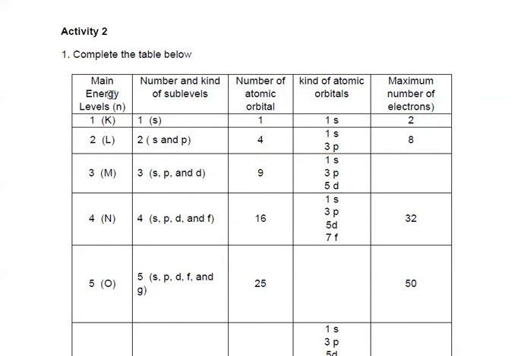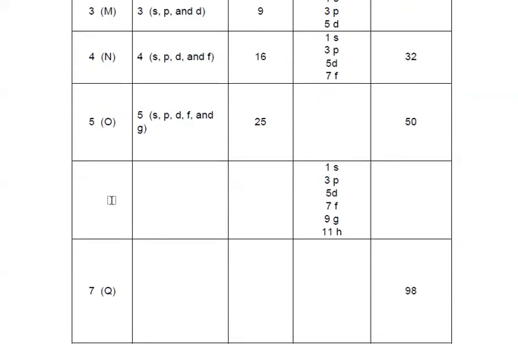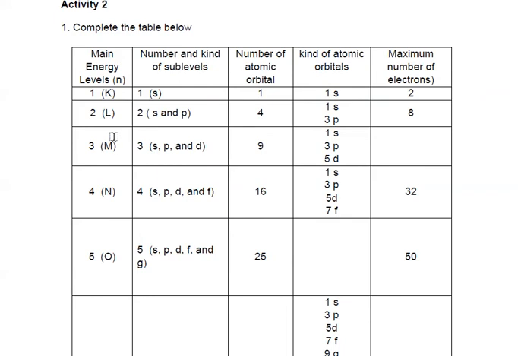So, this is the main energy levels, or the N, and it can also be identified as K, L, M, N, O. I will not say yet what this one is, because that's part of your answer. Okay, so let's start with K. It has one sublevel, it's S. So the number is 1, and the sublevel is S. Now, what is the number of atomic orbitals found on the level K?